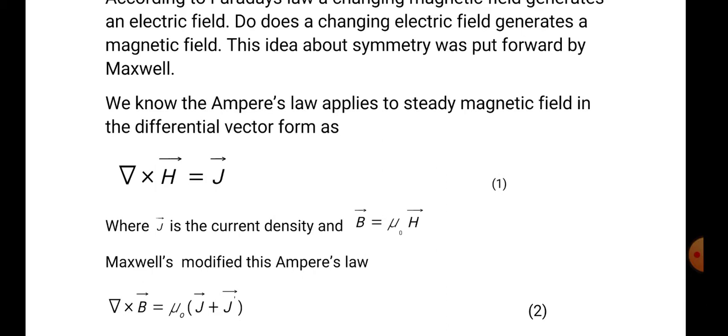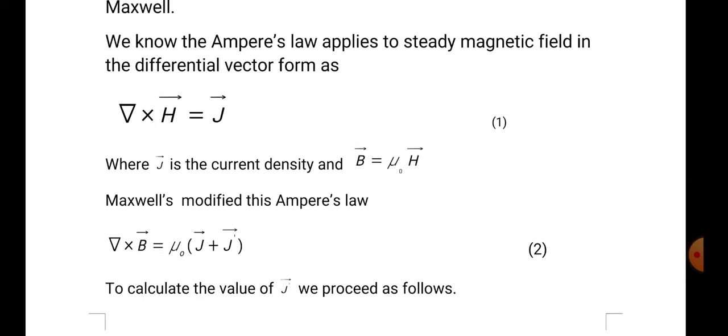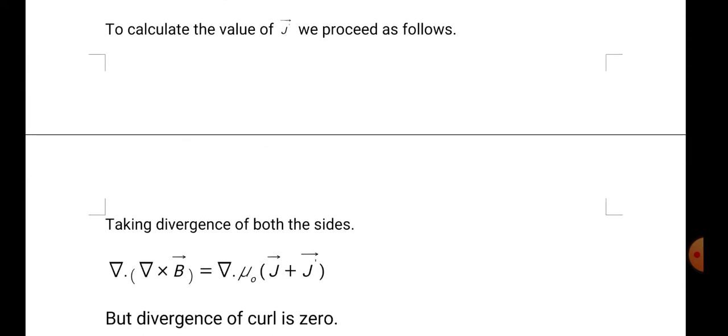Maxwell modified Ampere's law: curl of magnetic field is equal to mu naught in bracket J bar plus J dash bar. To calculate the value of J dash bar, take the divergence of both sides: divergence of curl of magnetic field is equal to divergence of mu naught in bracket J plus J dash bar.